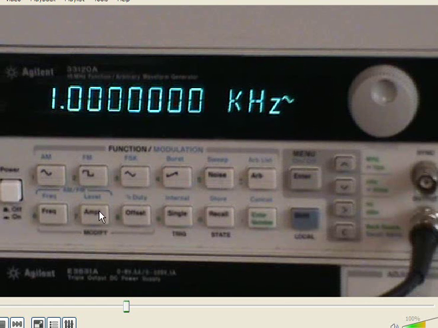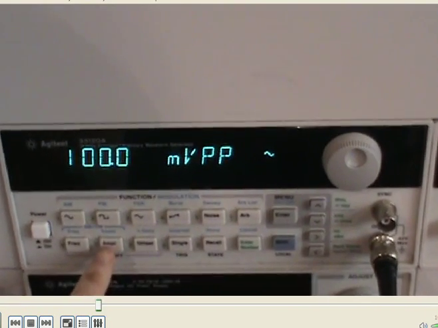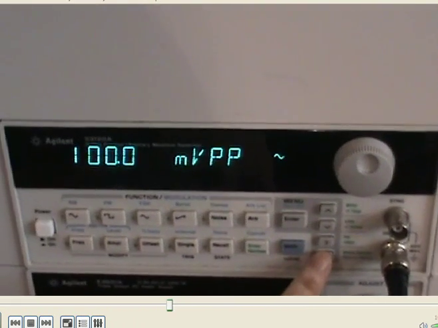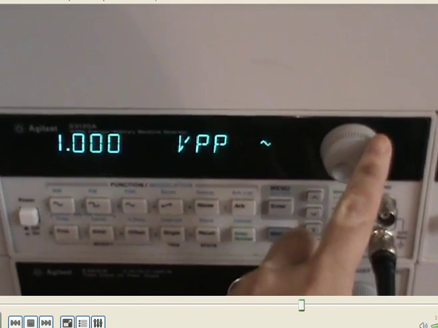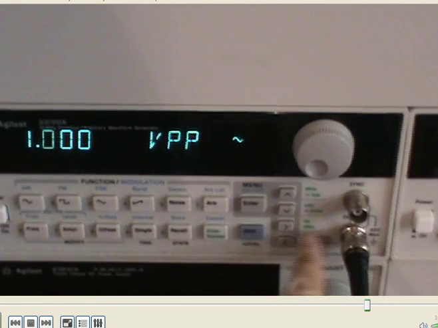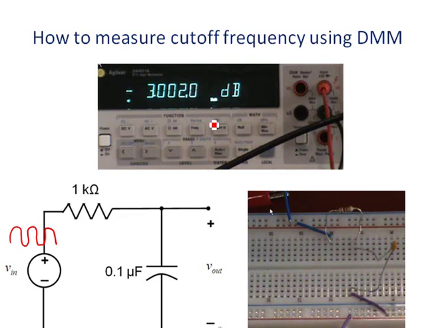We don't want the output voltage to be too low. So here, let's click on amplitude. Right now it's 100 millivolts, so it seems to be kind of low. Let's make it like 2 volts peak to peak sinusoidal voltage. So the next step, we need to connect the power supply to the digital multimeter.